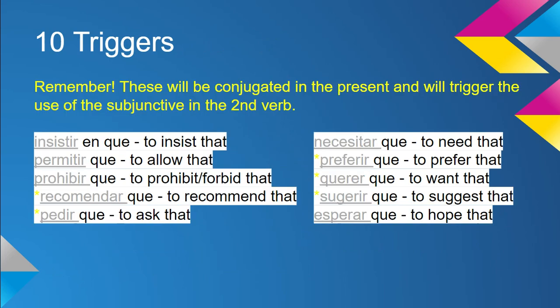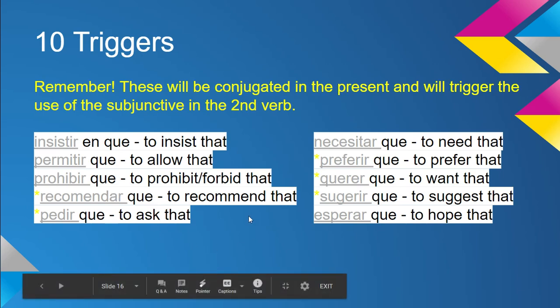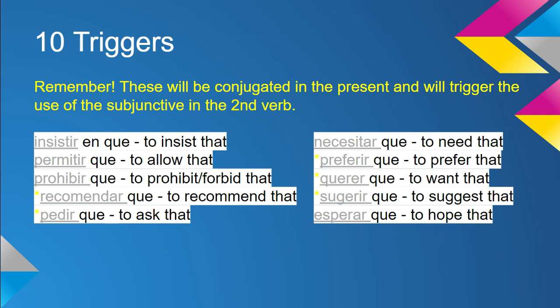Remember, these will be conjugated in the present and will trigger the use of the subjunctive in the second verb. If you click on the links on the slideshow, I've linked the conjugations of these verbs, but the ones with the asterisks are stem changers. That's just a little reminder. All right, I'm going to stop talking now.